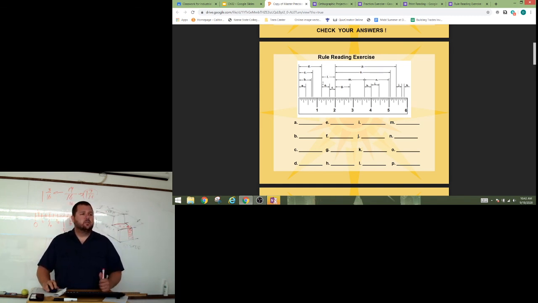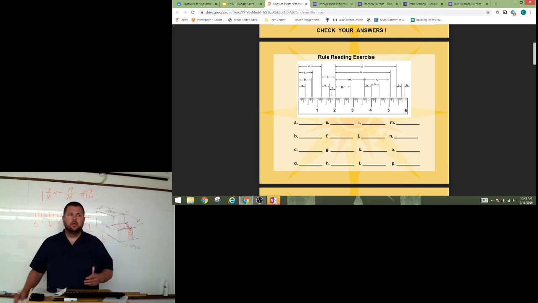These ones, as we start getting into here, we're not measuring from 0, we're measuring between. So if you start at 1/4 and you measure to 2, that's 3/4. That's not 1 and whatever. I think this is I or L, I can't read it from where I'm at. But it looks like you're starting around 1 1/4.